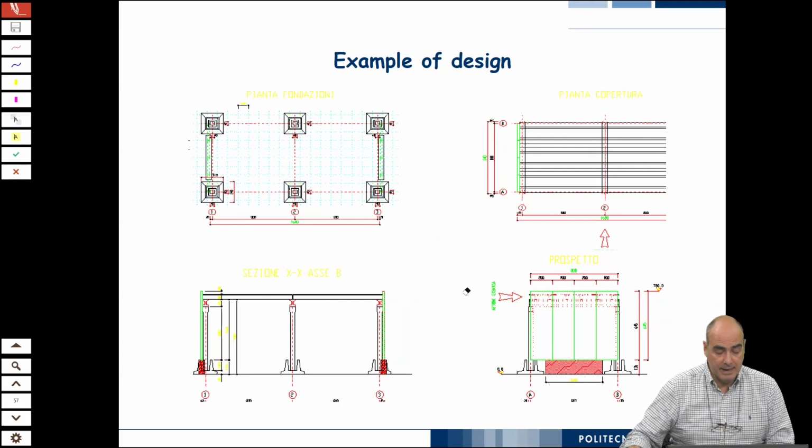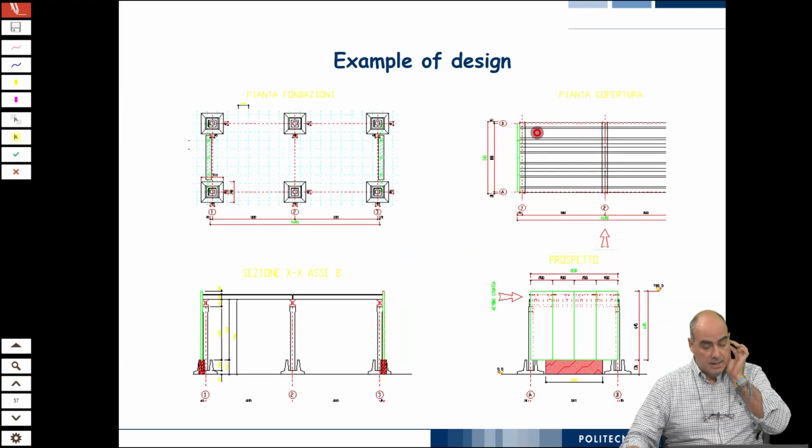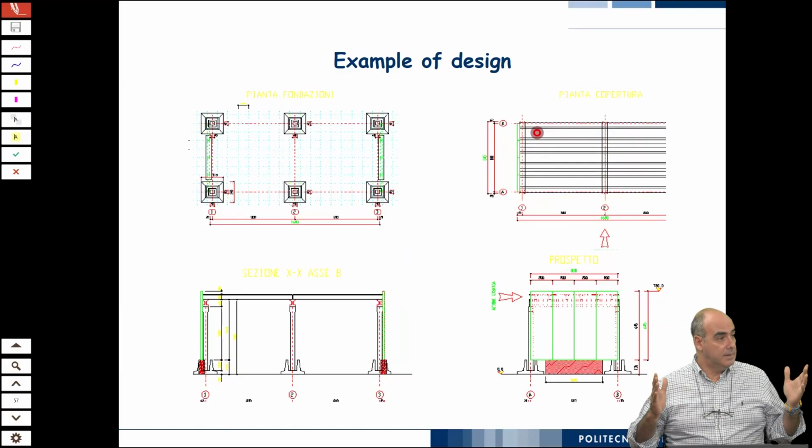Between these 3 parallel frames, 1, 2, 3, we had these roof elements laid out that were separate.